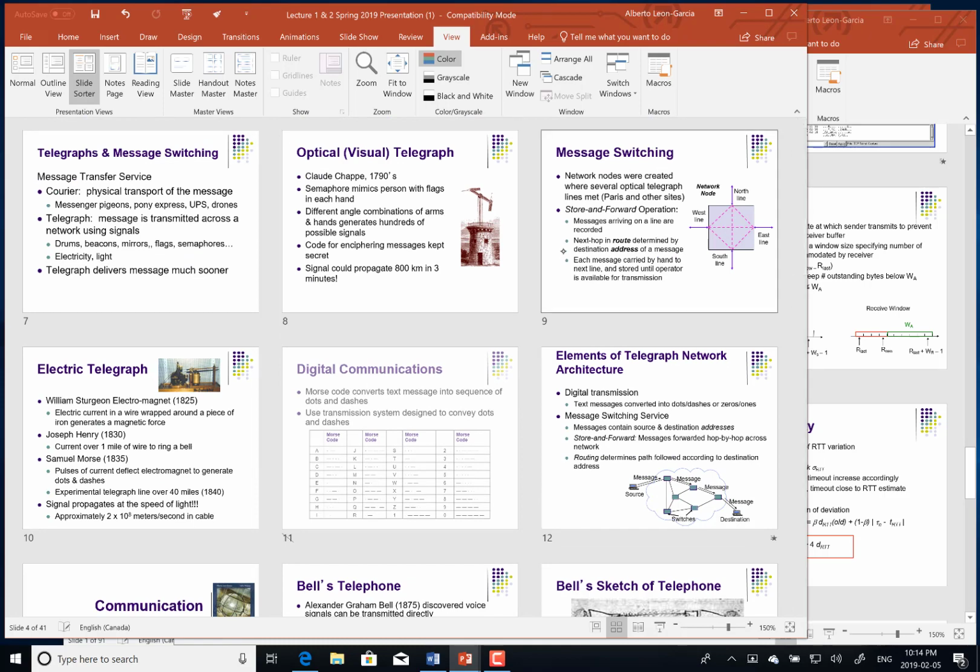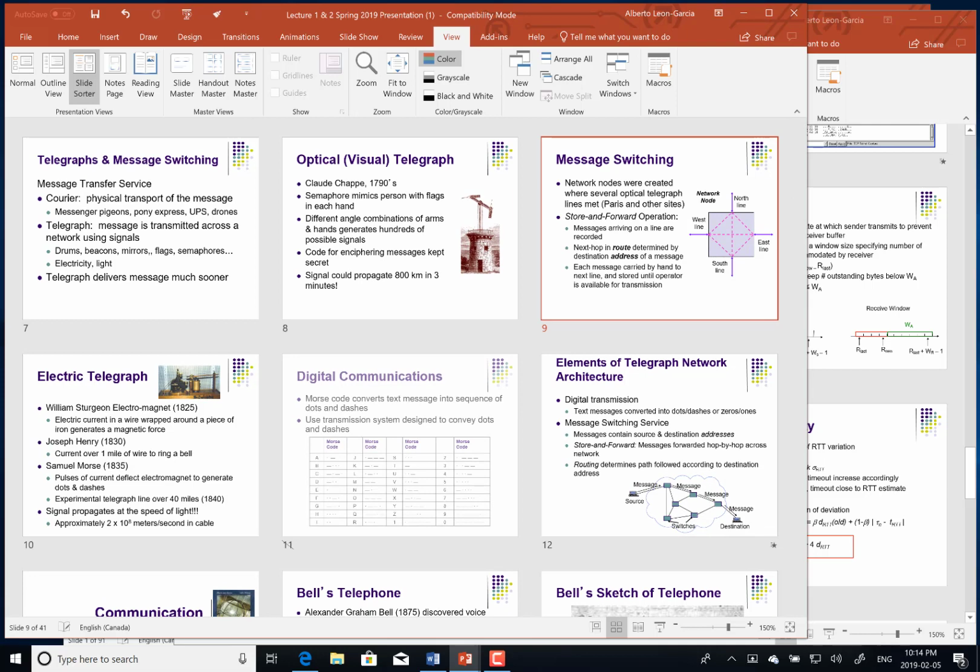The first one had to do with message switching as appeared in the context of telegraphs. And here basically when you had messages that traversed the network, the messages required addresses to denote where they were coming from and where they were going.